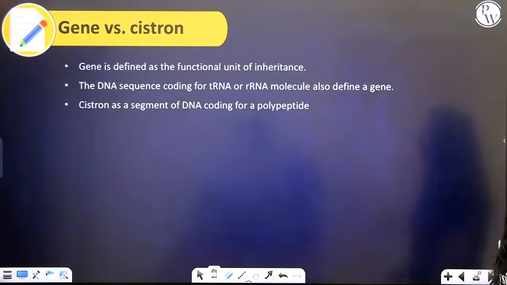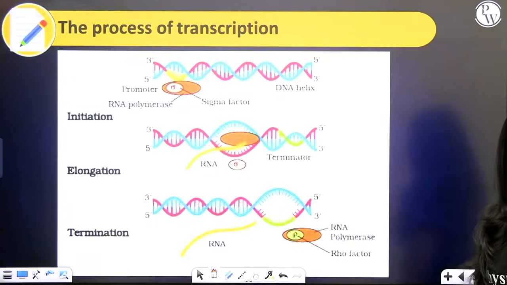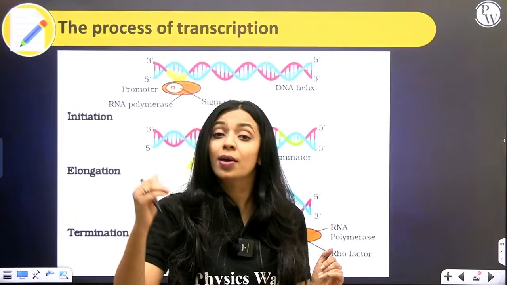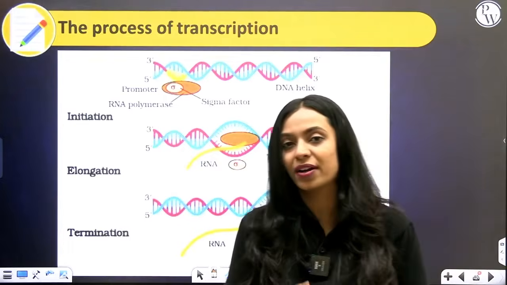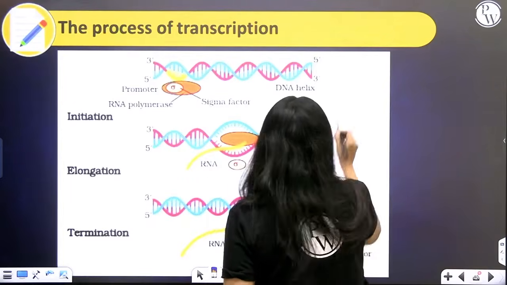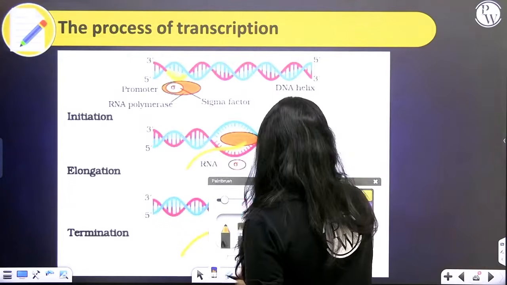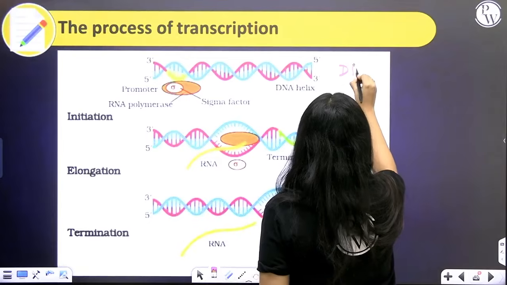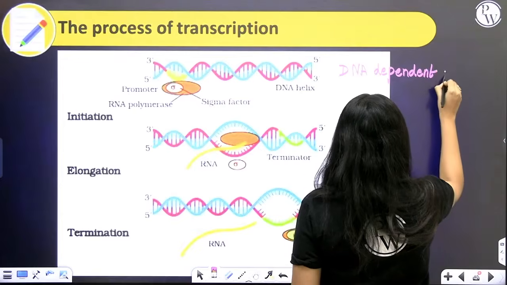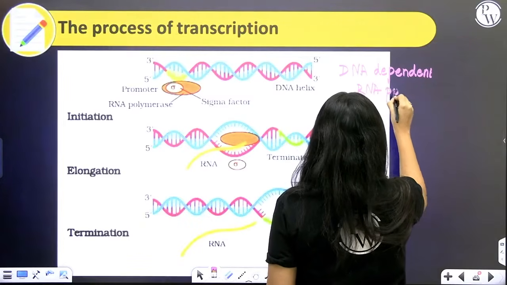Now let's understand how exactly the process of transcription takes place. So for transcription to take place, we need an enzyme. Unlike in DNA replication where we had ligase and helicase and all of these enzymes, over here, breaking of hydrogen bonds and synthesis of new strand of RNA, all of that is taken care of by one enzyme itself, and that is called DNA dependent RNA polymerase.